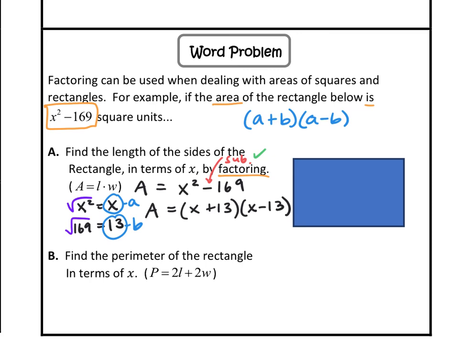So what that means is that if the area is equal to the multiplication of x plus 13 times x minus 13, and the area for a rectangle is length times width, then that must mean that this is the length and this is the width, because they're multiplying.